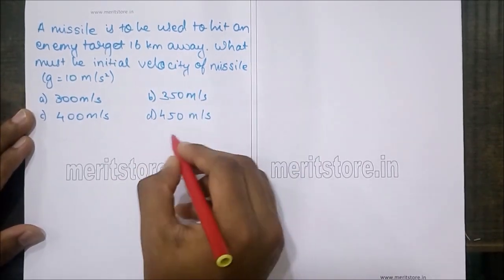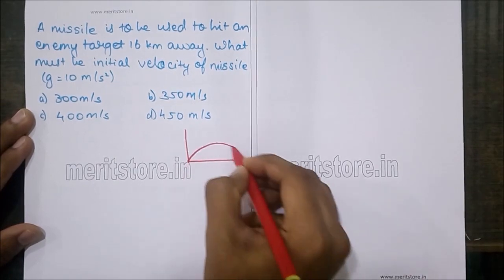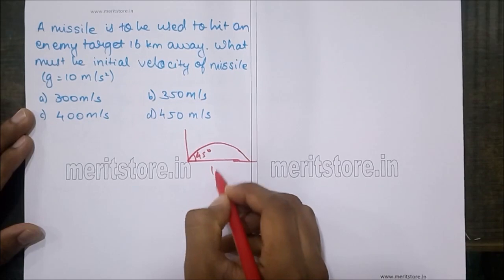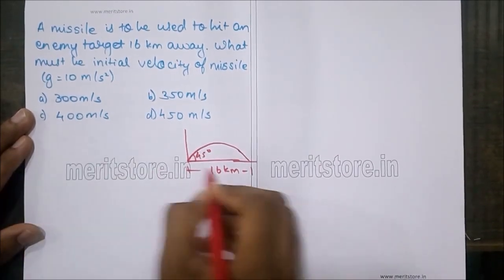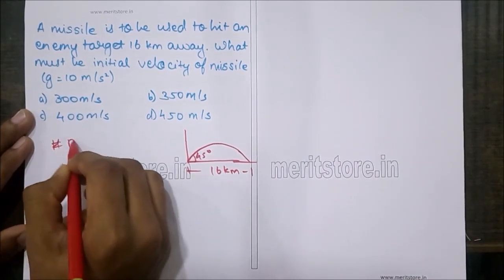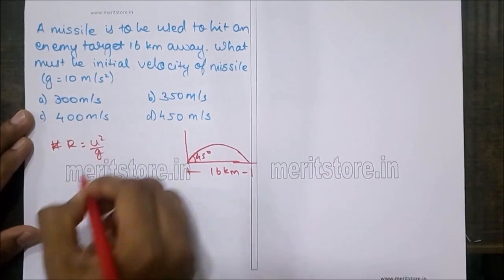In order to hit targets which are far away, the angle of projection usually is taken as 45 degrees. So, for 45 degrees, the maximum horizontal range R is given by u square upon g.